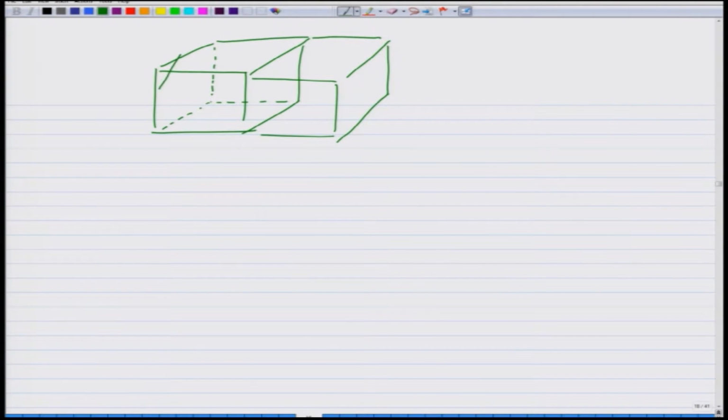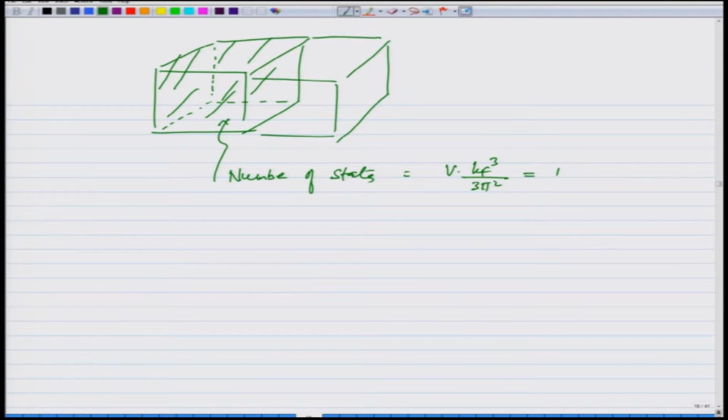So, according to normalization over this box, the number of states come out to be V times kf cubed over 3 pi square, including the 2 electrons per state, and this equals the number of electrons in this, and therefore, kf comes out to be 3 pi square n over V raised to 1/3, which is nothing but n over V, the density of electrons.